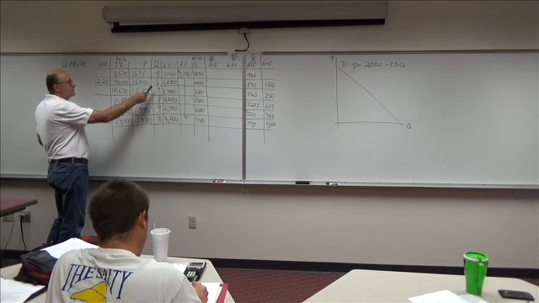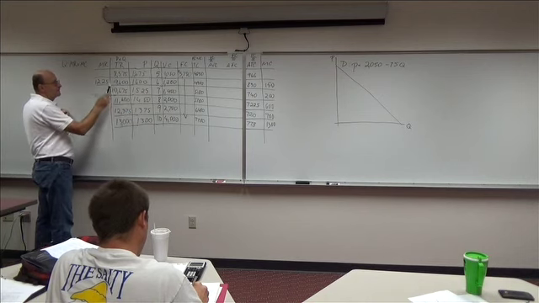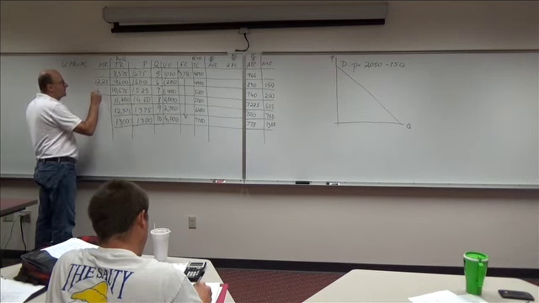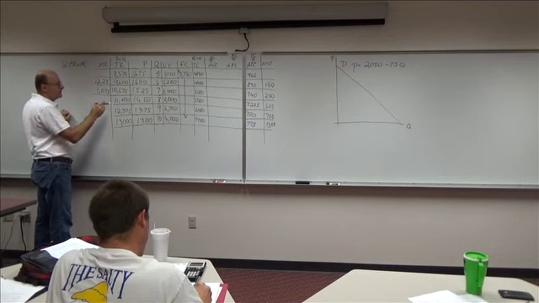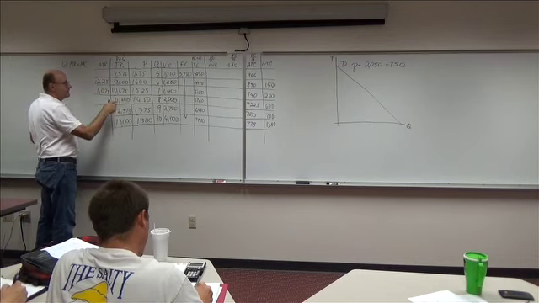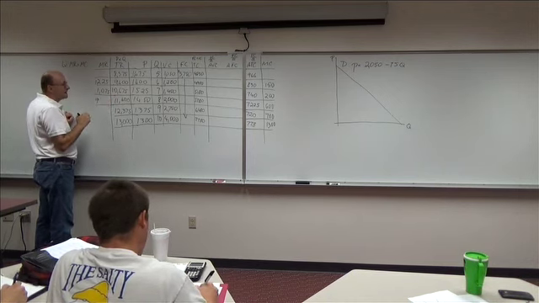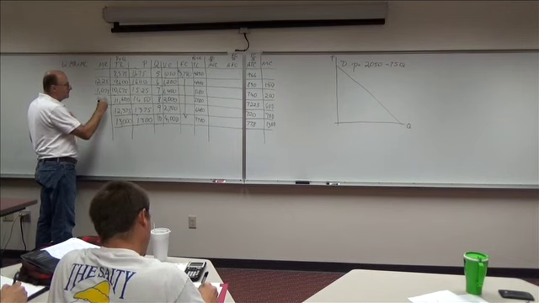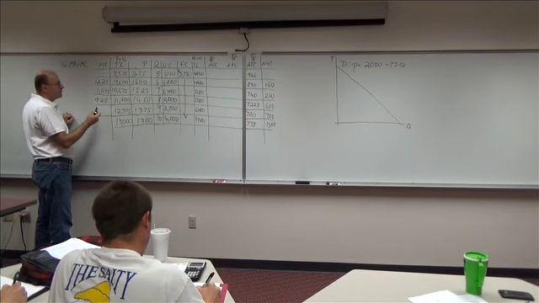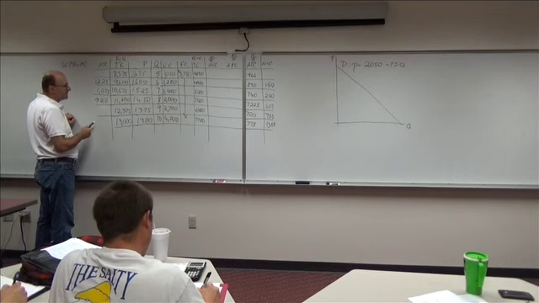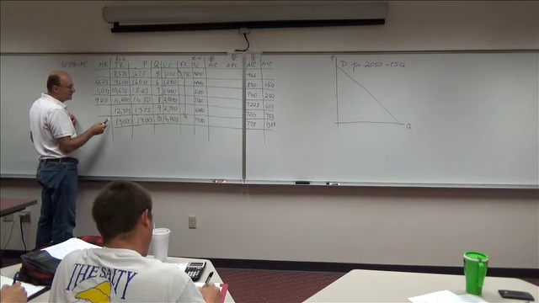What's the marginal revenue of the seventh unit? 1075. What's the marginal revenue of the eighth unit? I think it's 925, right? Very good. What's the marginal revenue of producing the ninth unit?